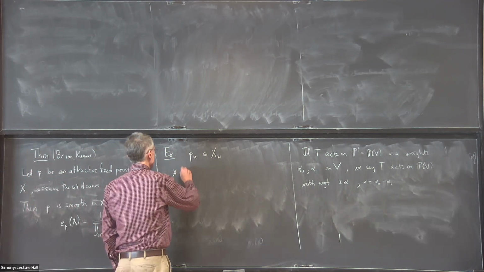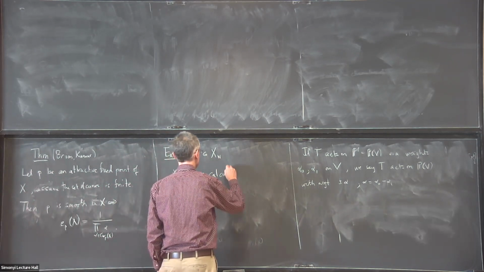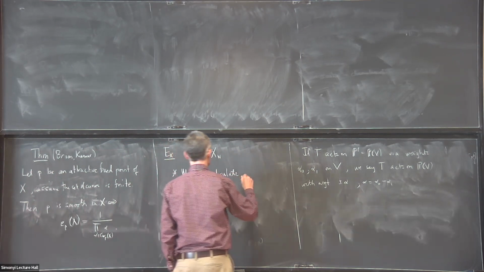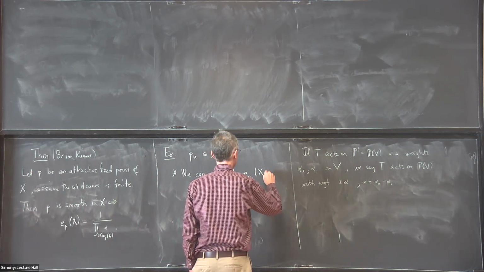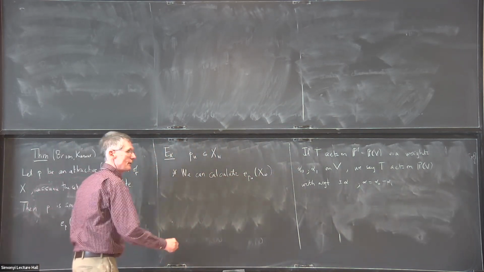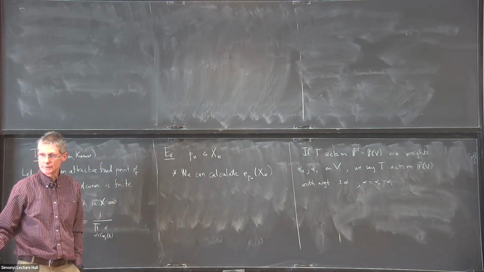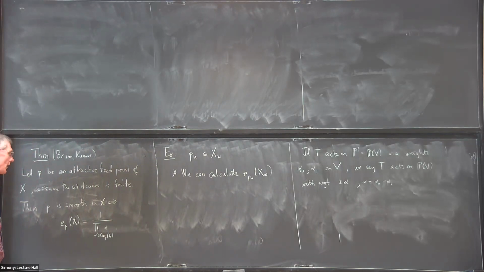We know how to calculate the equivariant multiplicity e_{P_U} of X_W. So now I just need to tell you what the set of curves is. In the statement, you're taking the product over the set of weights, not the set of curves. The way I defined it over here was the set of weights of curves.